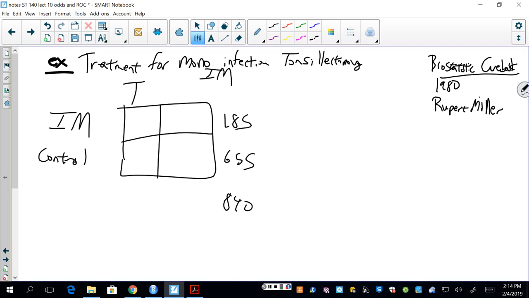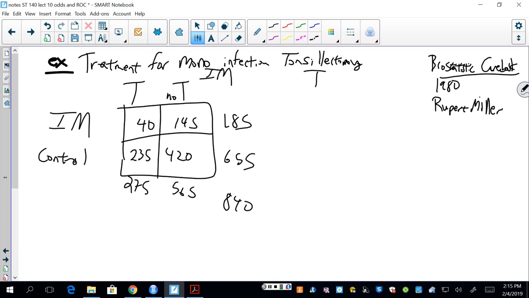Some of these individuals had tonsillectomy, and some did not. 275, 565, 40, 145, 235, 420. So we could ask a question, is there an association between tonsillectomies and infection, or infection and tonsillectomies? And that's what we're really doing with all these different things, relative risk, odds ratios, comparing proportions. Are these two things associated?